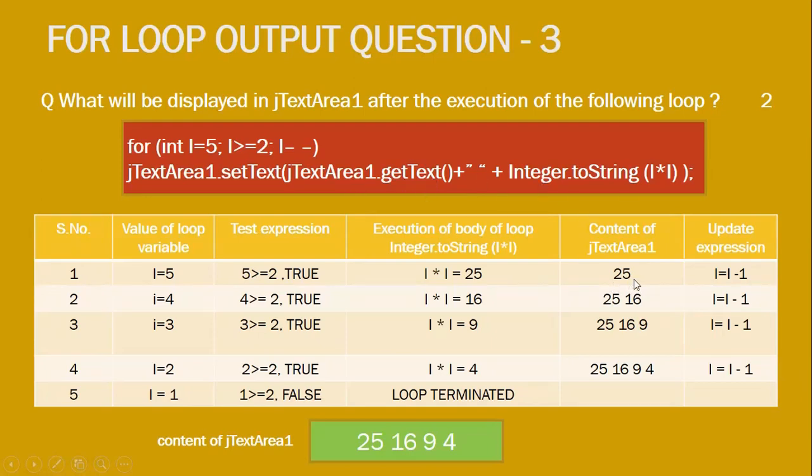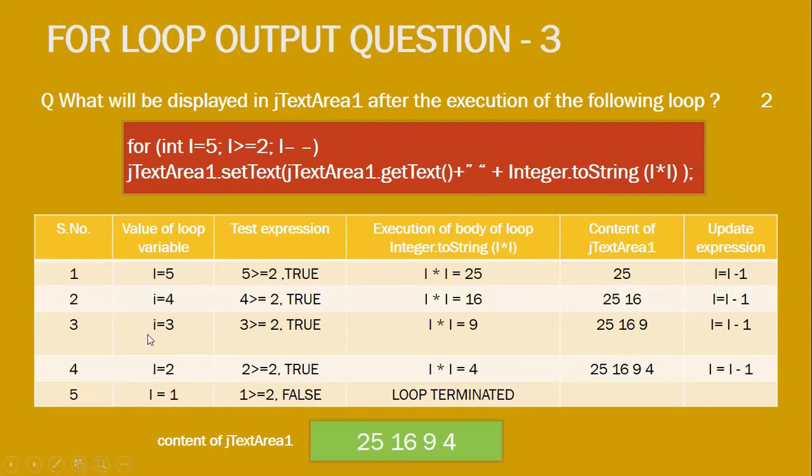In the previous iteration, the content was 25, so this will be concatenated with this expression, whose value is 16. This concatenated string is again set into JTextArea1, so the content will become 25 space 16. Then it will jump to the update expression, that is I is equal to I minus 1.